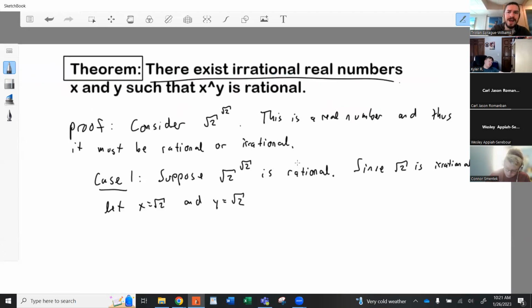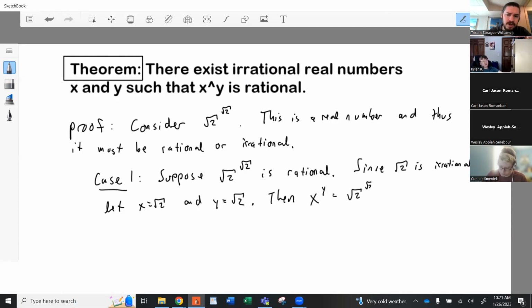There exist irrational numbers x and y. Nobody said they couldn't be the same number. Okay. Then x to the power y, square root of 2 to the power square root of 2, is rational. So the claim is true.